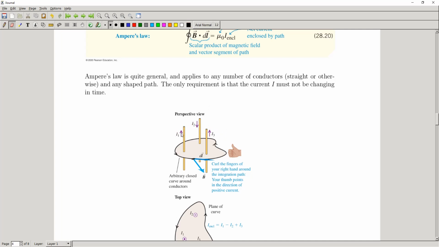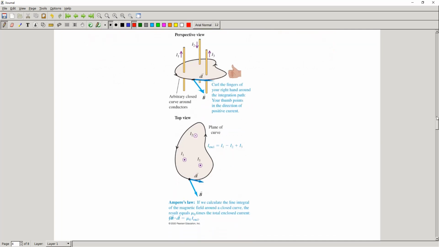And then our thumb is going to point in the direction of what we're going to call positive current flow. So in this case, I1 and I3 will pick up positive signs, and I2 will pick up a negative sign. And we can see that here. They draw it in a top-down view. Our right-hand rule, again, gives us this direction for positive, or this is the direction our fingers curl in, so our thumb tells us that upward is positive. So I1 and I3 are positive, and I2 comes in with a minus sign, right?